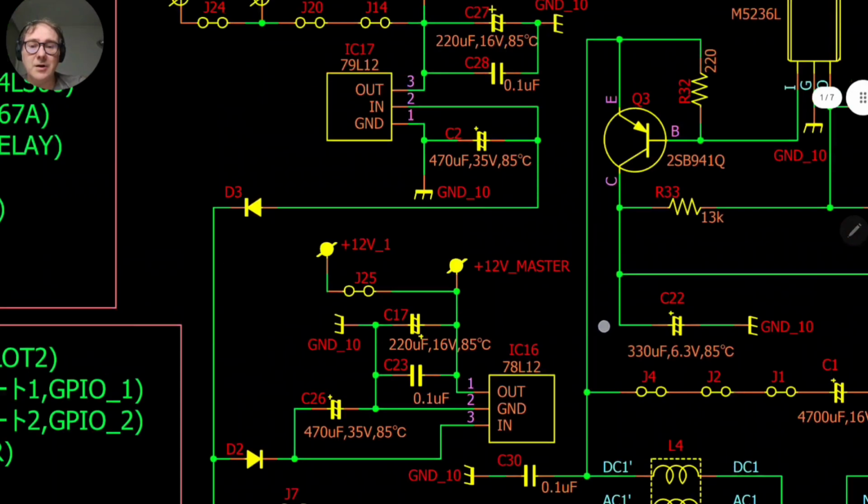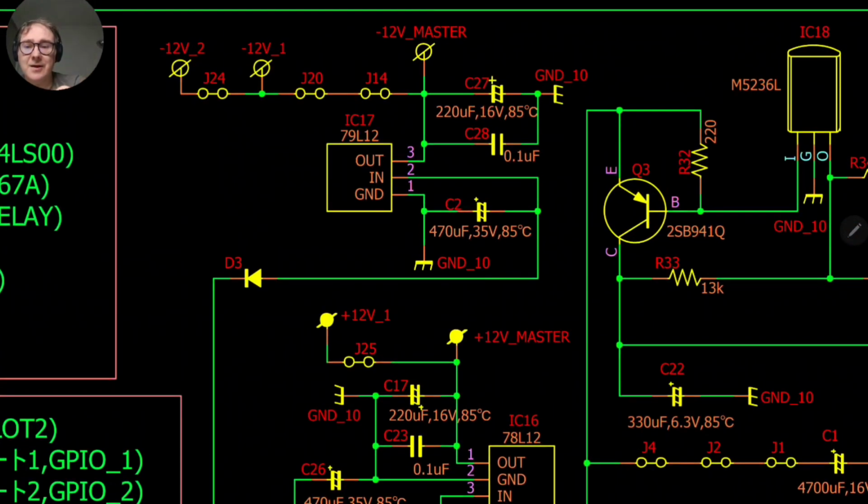He's even added the jumpers that you can see in the computer. All these jumpers are added. You have all the kinds of transistors, the temperature of the capacitors. So you have everything here in this schematic. It's very good.